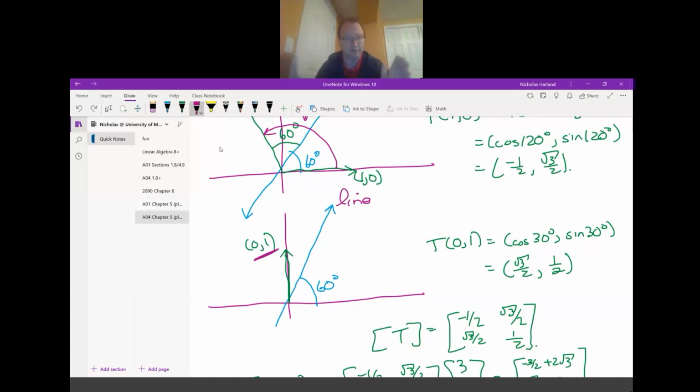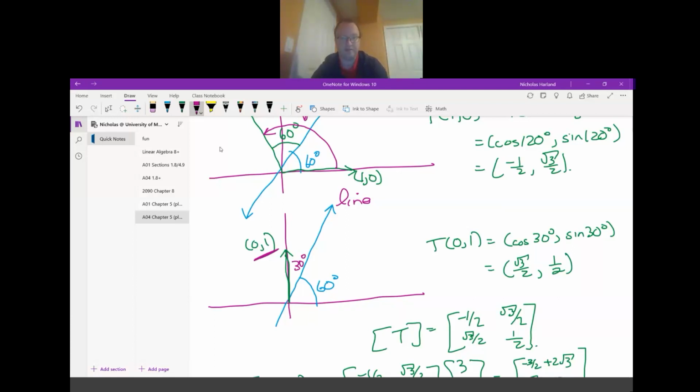So what's the angle between that vector and the line? What's this angle right here? That would be 30. 90 minus 60, so we're getting our 30 right here. So that's 30 degrees.